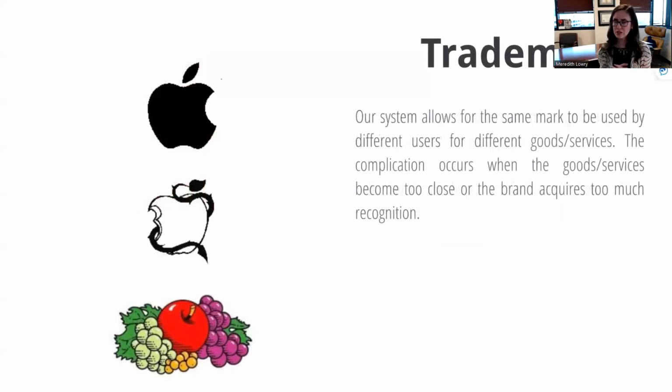Like I was suggesting with the dog, we see trademarks used by lots of different people for different uses. So we can have Apple for Apple Music. We can also have Disney using an Apple for Descendants from their movies. And you see apples for underwear.